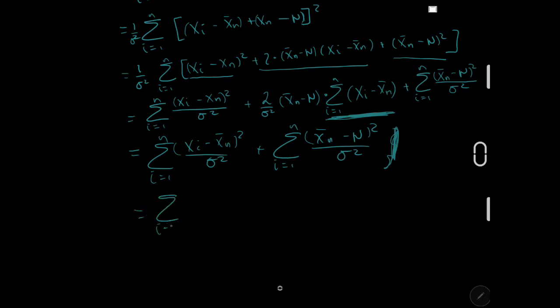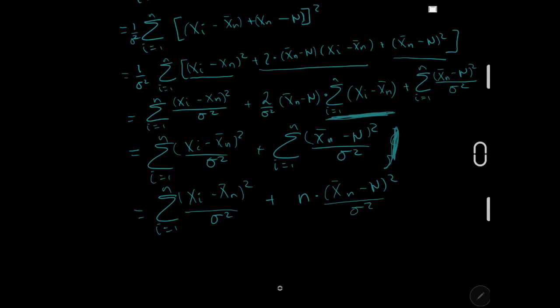So I'm going to have the sum of xi minus xn bar all squared over sigma squared, and then this constant value, because it doesn't depend on i and I'm summing it up n times, so I'm going to have n times xn bar minus mu all squared over sigma squared.